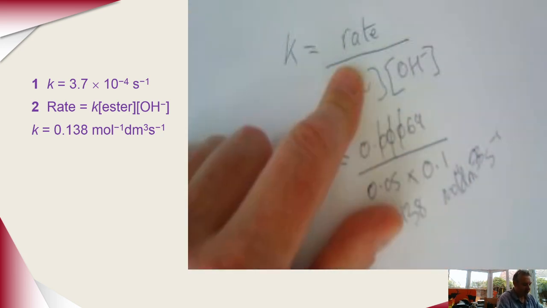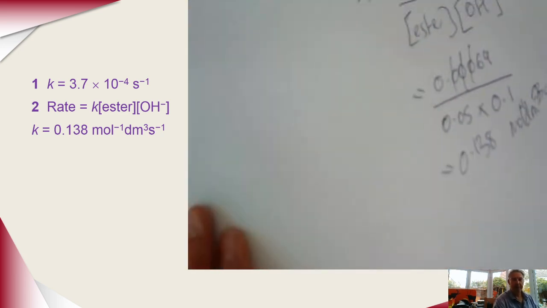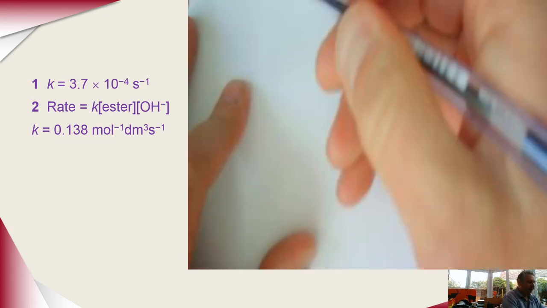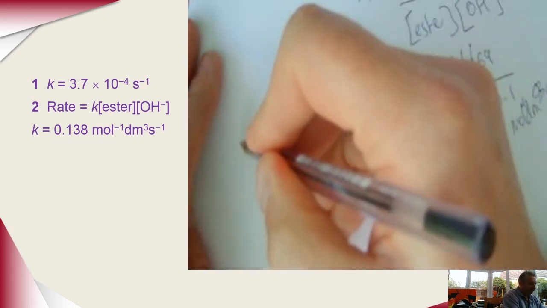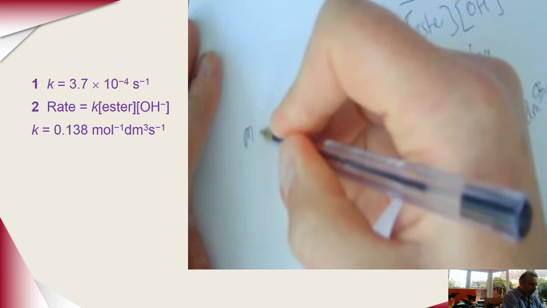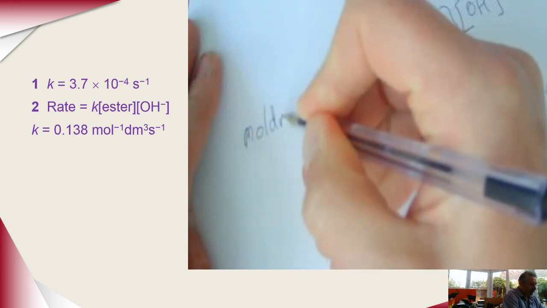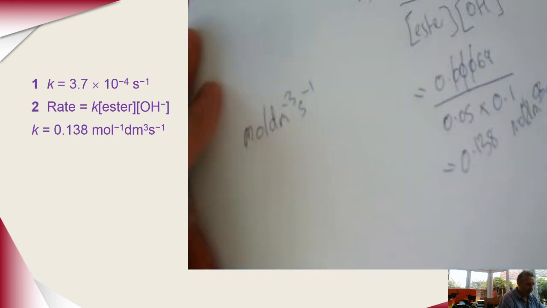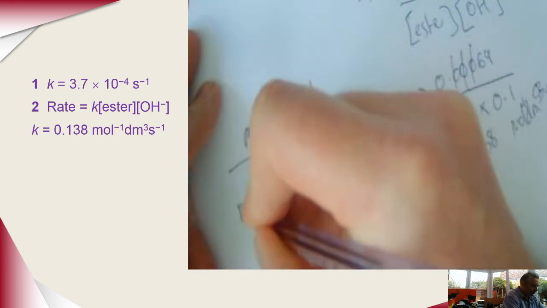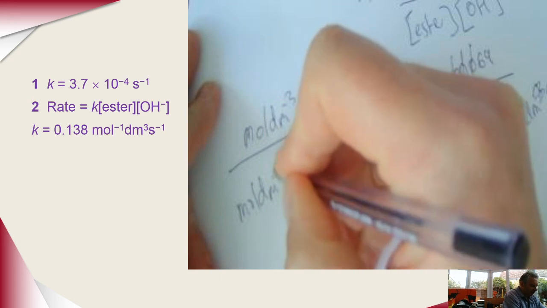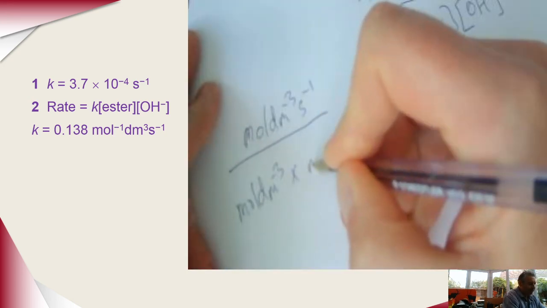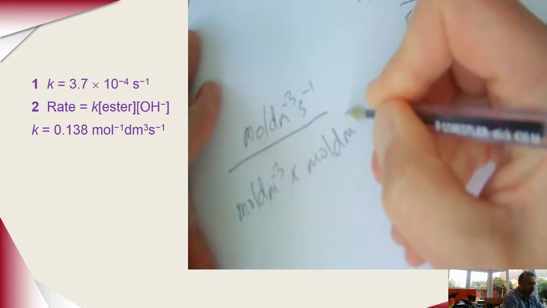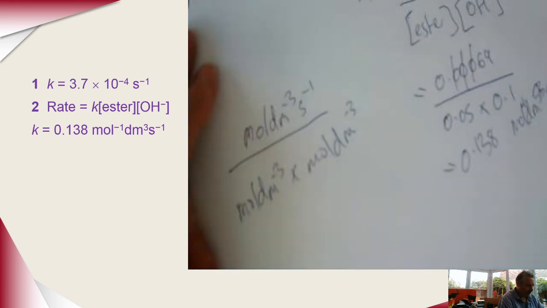Let's just check the working out of the units. We've got a rate of moles decimeters cubed seconds to the minus 1, and we're dividing by moles per decimeter cubed, one concentration, times moles per decimeter cubed for the next concentration.